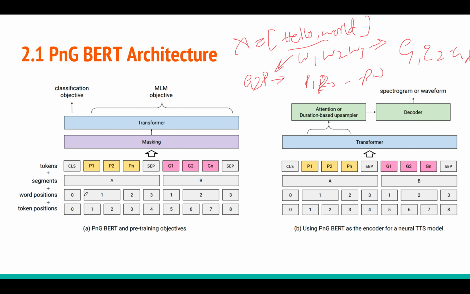So you can simply provide word positions as embeddings, just like positional embeddings for tokens, right? And obviously you have the token positions, the positional embeddings of the tokens, and then you have word positions, and then you have segment information, and then you have the tokens themselves, right? And then you can simply mask these two.